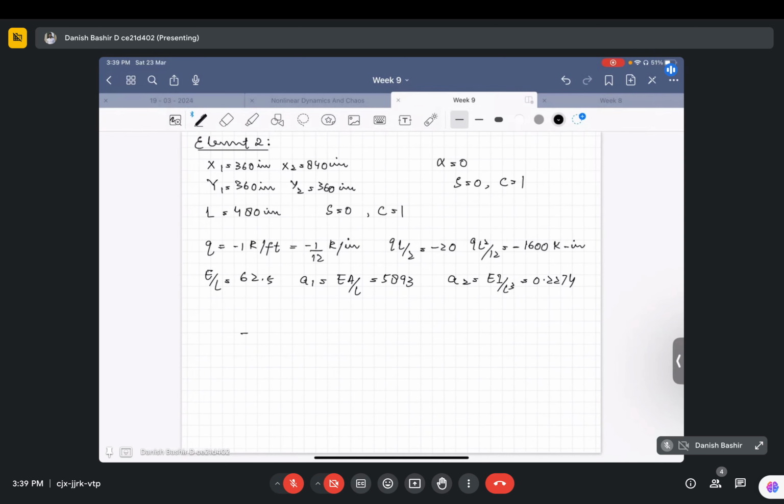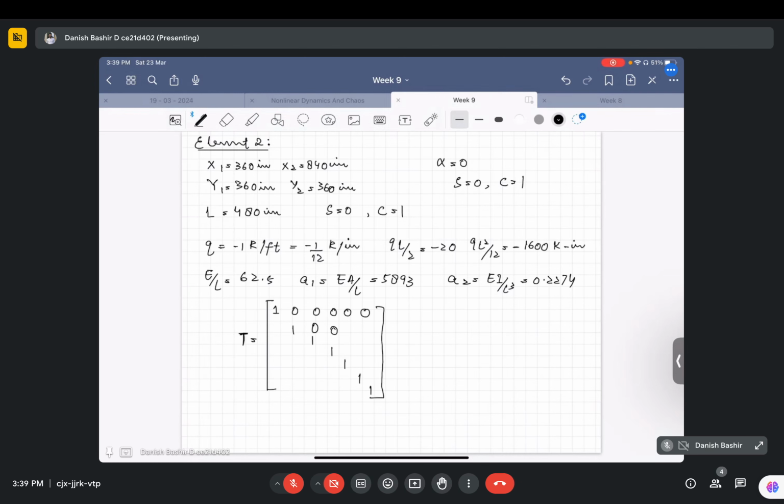So our transformation matrix T comes out to be an identity matrix, and because sine is 0, it is 1, 1, 2, 3, 4, 5, 1, 2, 3, 4, 5, and it will be 1, 1 here. Other things will be 0, okay.